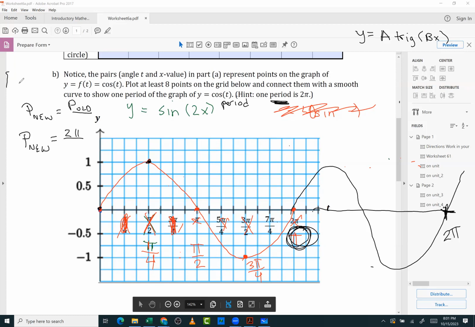But I can see now that I have 2 pi over b, and my b is 2, right? So my new period is pi. And that's what I see here. Period is 1 cycle. It ends at pi.